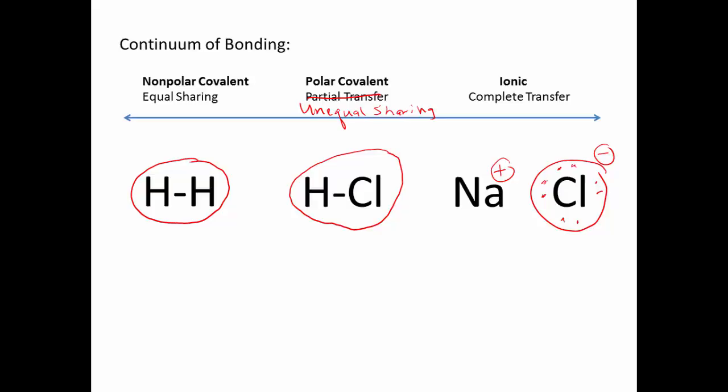That happens when you have a great difference in electronegativities. This happens when you have a metal bonding with a nonmetal. So if you notice, all of the metals have fairly small electronegativities, while all of the nonmetals have greater electronegativities. So when you have a metal bonding with a nonmetal, the difference is great enough to result in a complete transfer of electrons.